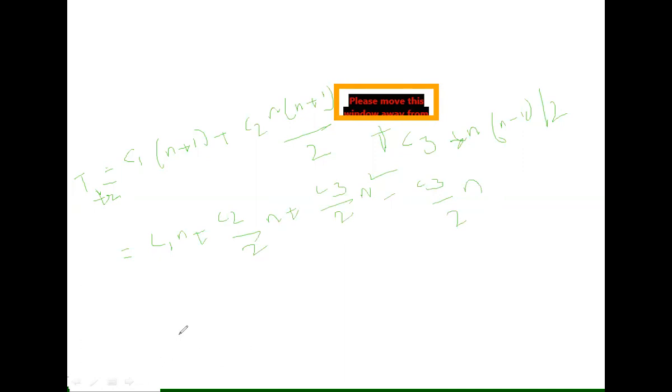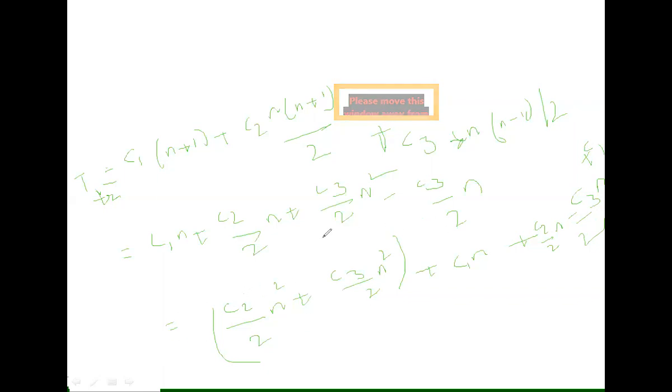C1 is nothing but an assumed constant cost. We neglect the lower-order terms and consider the highest power, so we get C2 by 2 n square plus C3 by 2 n square plus C1 n plus C2 by 2 n minus C3 by 2 n plus C1.